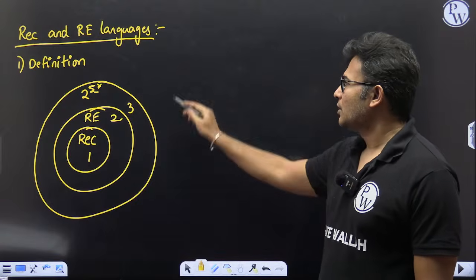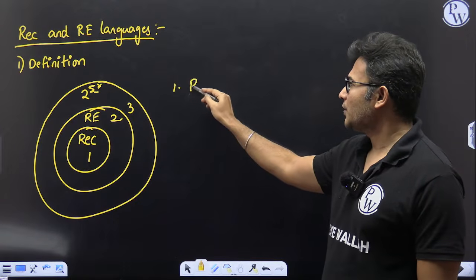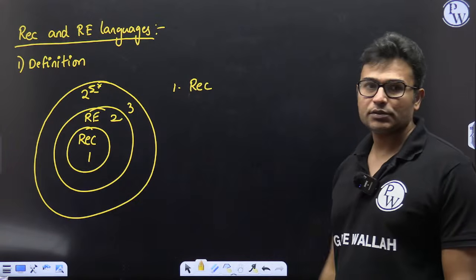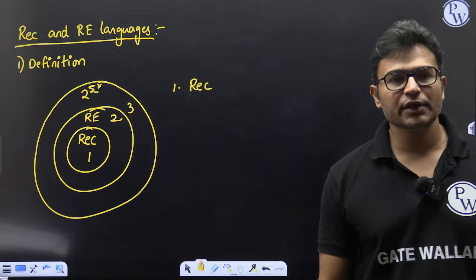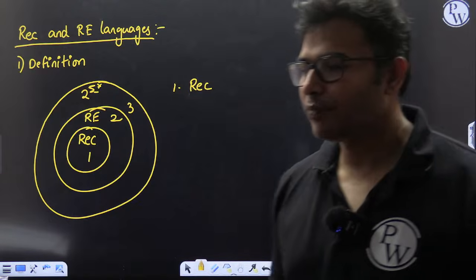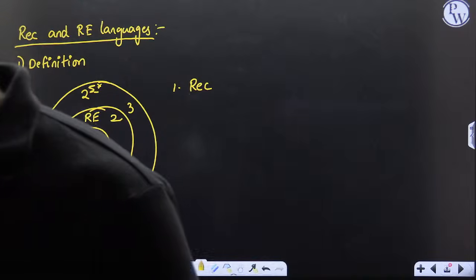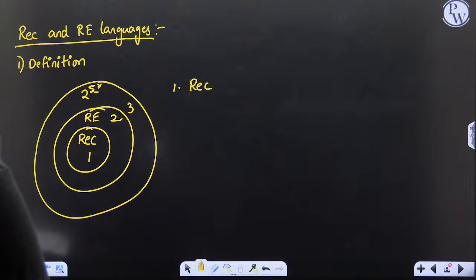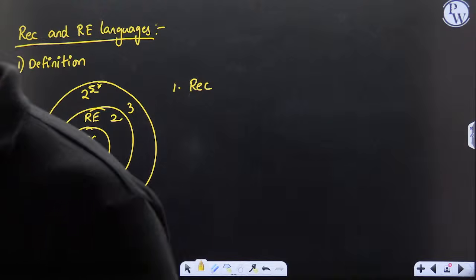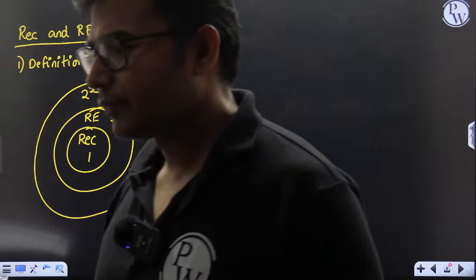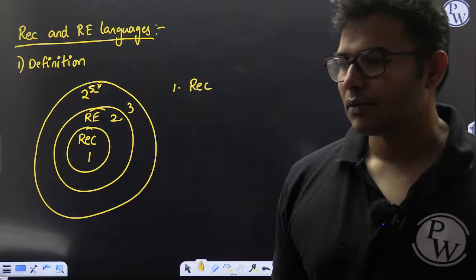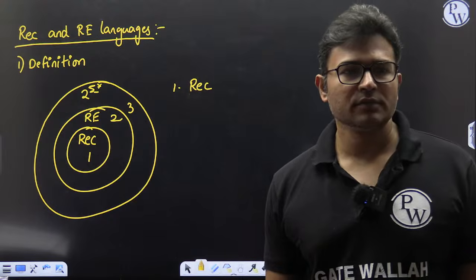Now what is 1? 1 is recursive languages. Hello Prince, good evening. Hi Aman.